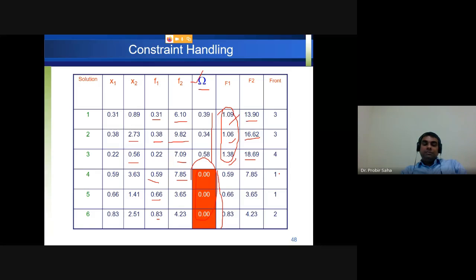See, initially, whatever the solution in rank 1, now the crowding sorting will be done based on this F1, F2, not the old F1, F2. So when you do that, the ranking will again change, and you will see that now solutions 4 and 5 are coming in the rank 1 solution, and solution 6 is coming in the rank 2 solution, and 4, 3, the other solutions.